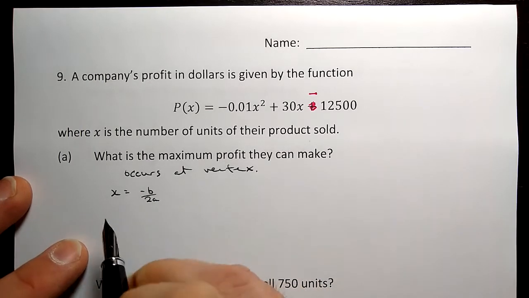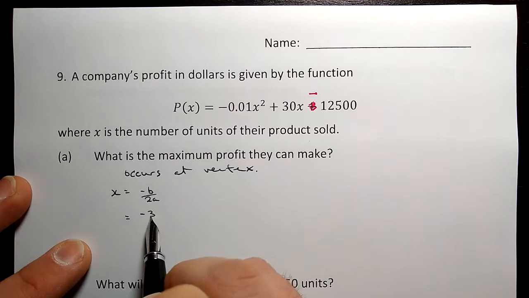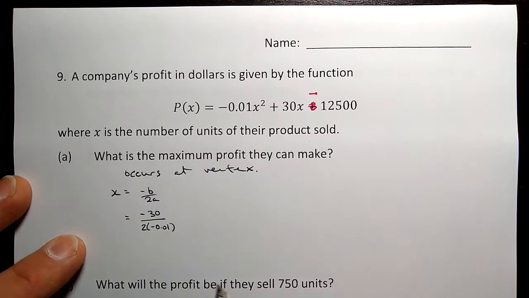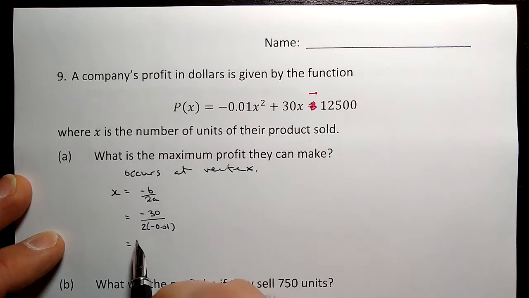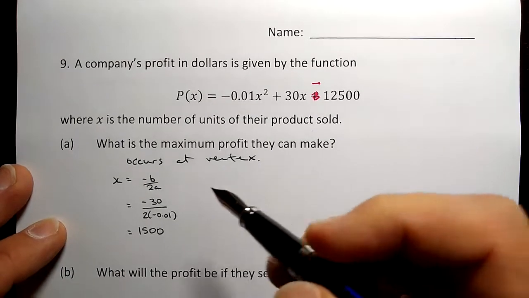It's kind of the first half of the quadratic formula. Negative b is going to be negative 30, and 2a is 2 times negative 0.01. So that's going to be, you can just probably type that in a calculator, I guess, positive 1,500. So 1,500 units.